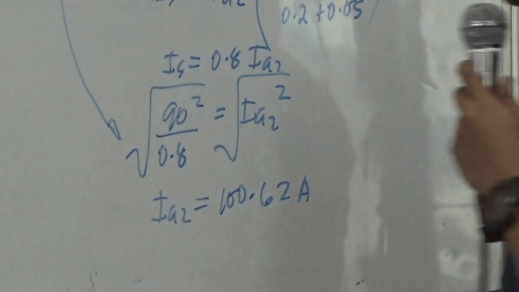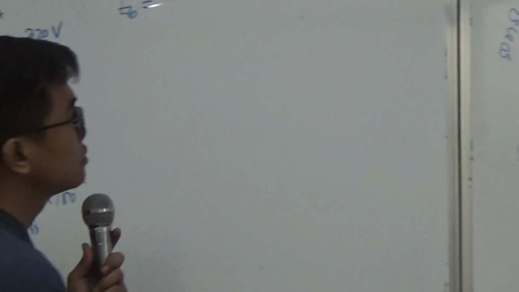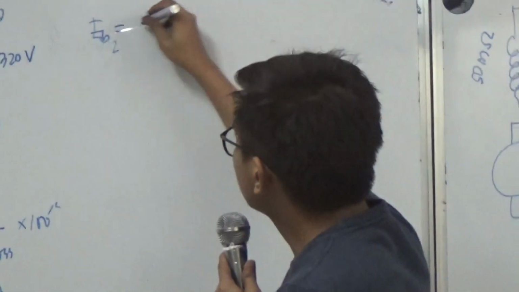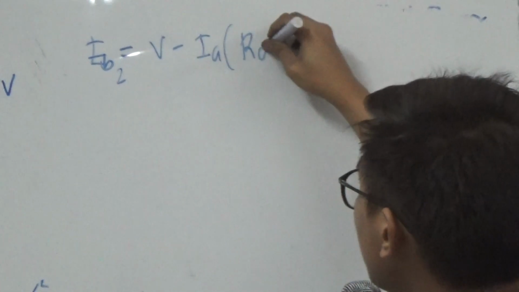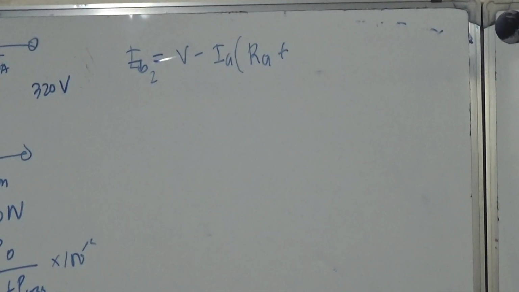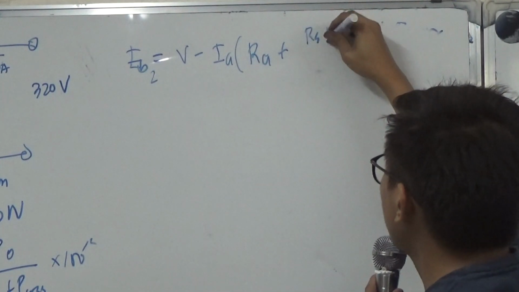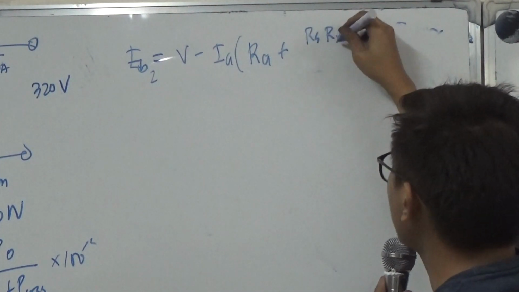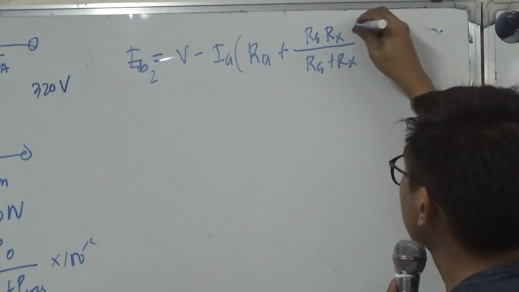So, kunin na natin yung back EMF nung bagong condition. EB2 is equals to V minus IA multiplied by RA plus yung parallel equivalent ng RS and RX. So, RS multiplied by the diverter or RX divided by RS plus RX.